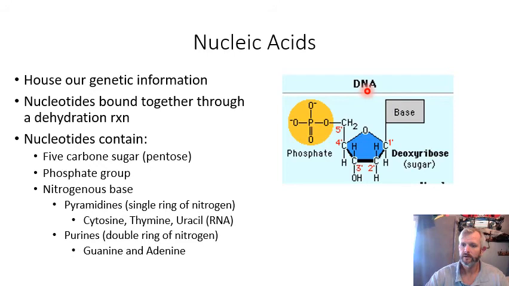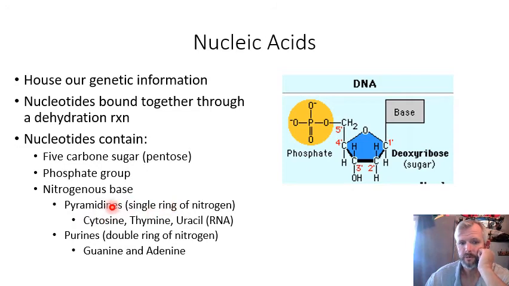All the nucleotides of DNA have this deoxyribose and phosphate. What differs is which base is here. And for DNA, there are four different bases.